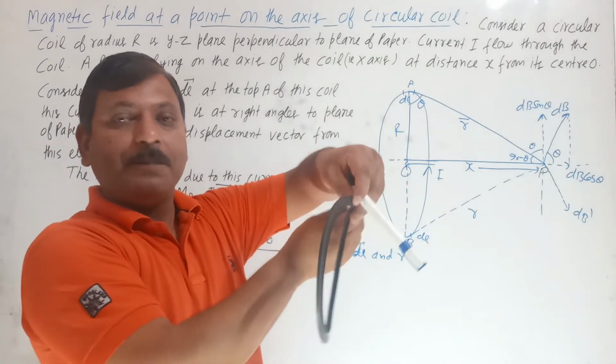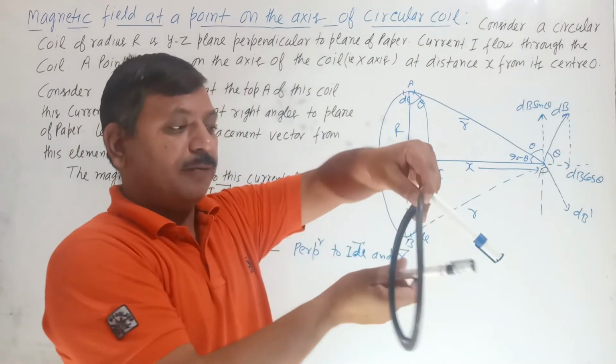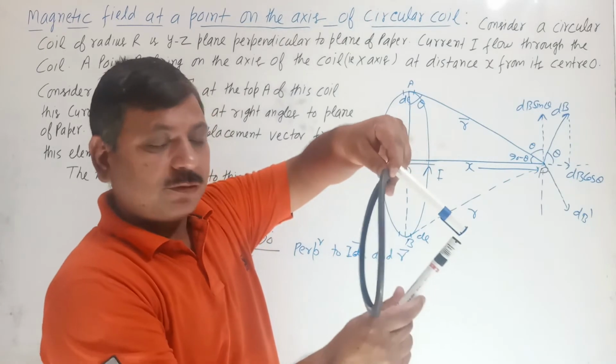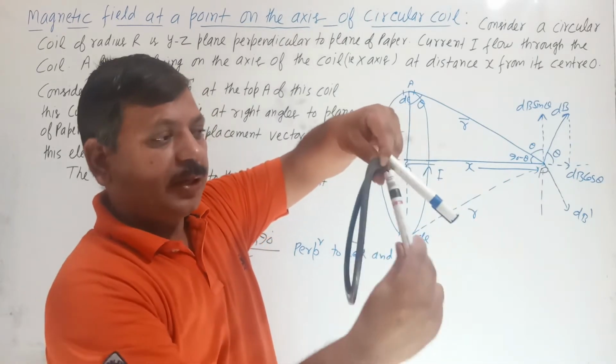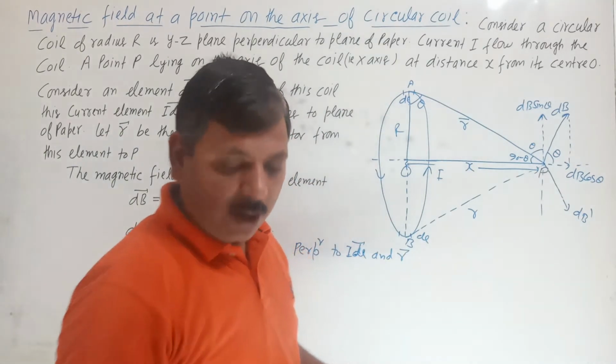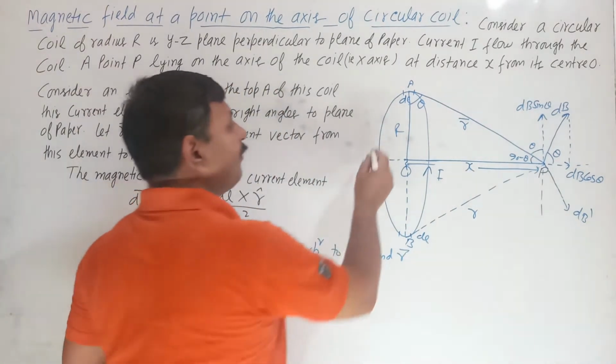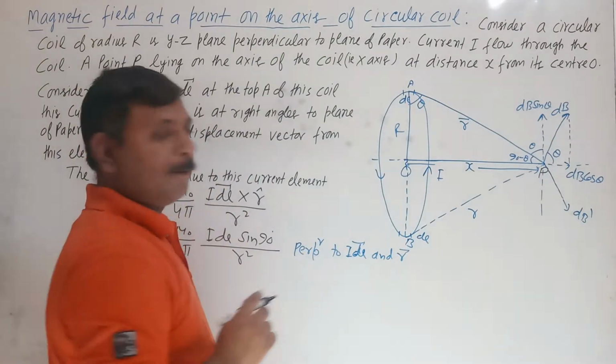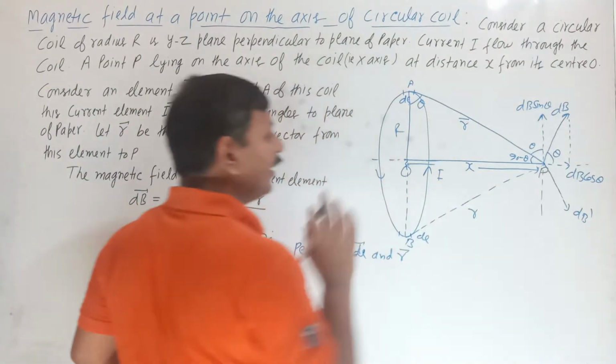You can see here all are at equal distance. If you are going downward, they all have the same magnitude. The value of r will be the same for all current elements.